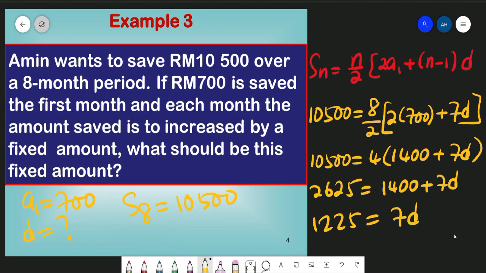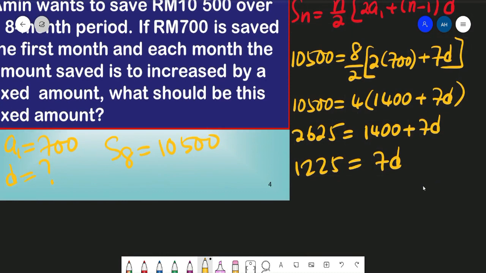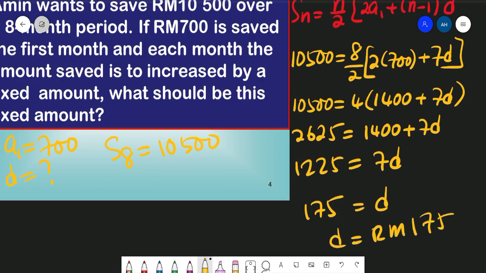To find d, we divide by 7. So d equals 1225 divided by 7, which is 175. Therefore the answer is d equals 175 ringgit.